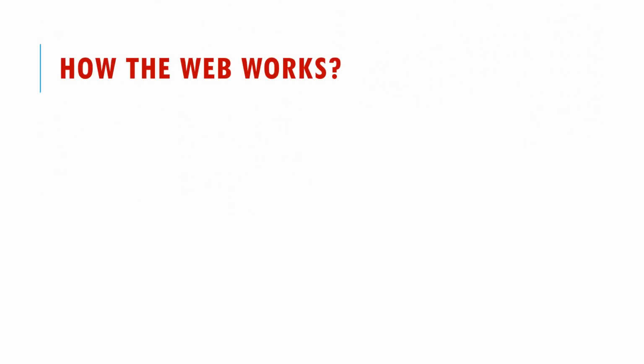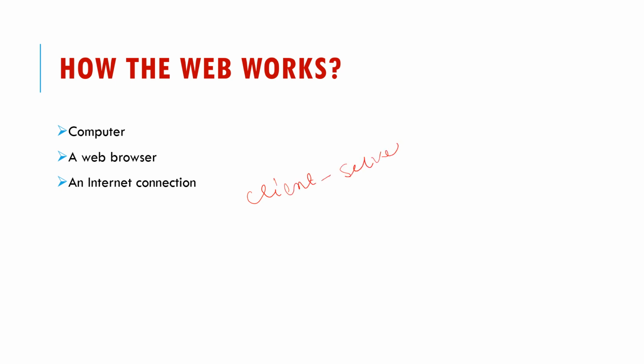The next topic is how the web works. The World Wide Web is also known as the web, and it is the most popular service available on the internet. In order to access the web, one must have a personal computer, a web browser software, and a strong internet connection. The web is a client-server system.